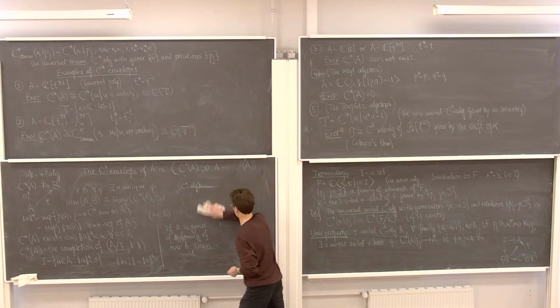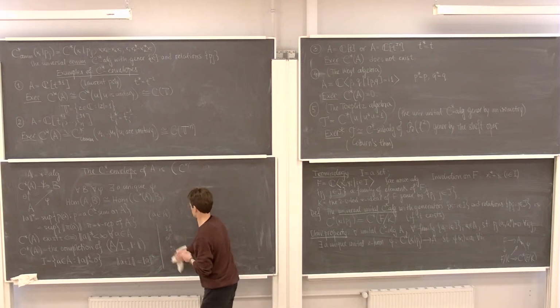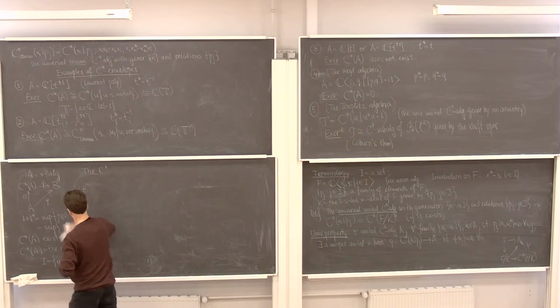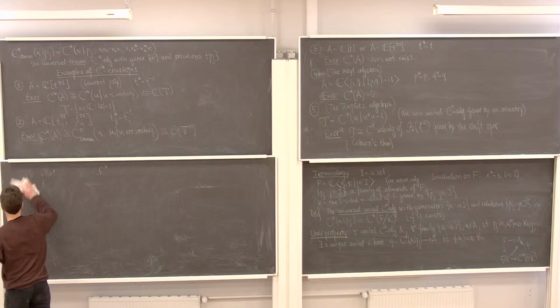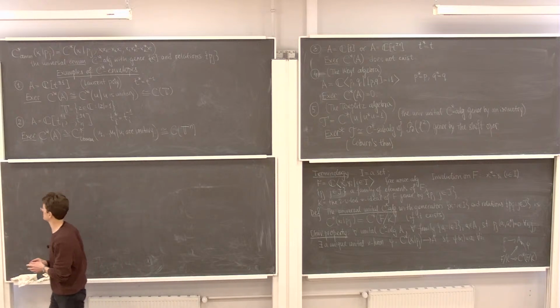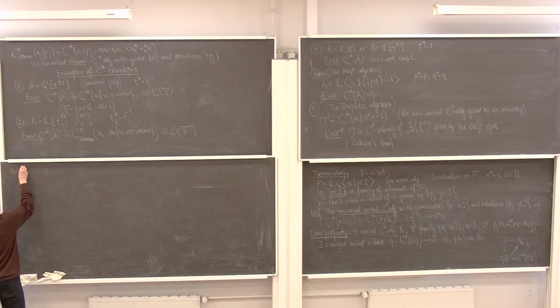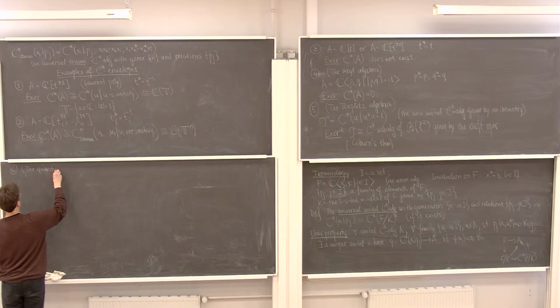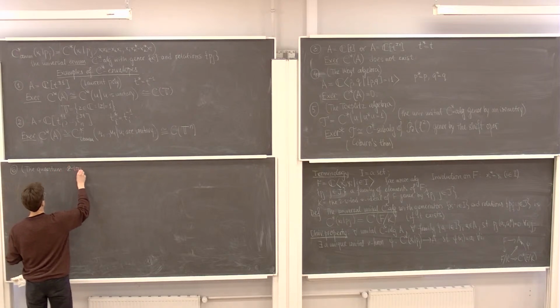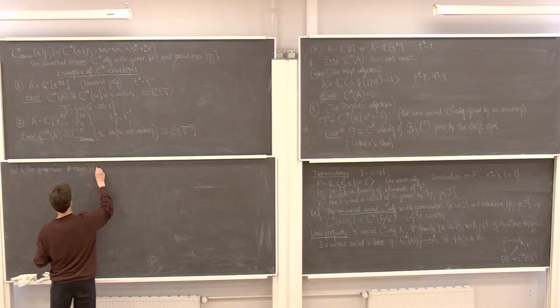Another useful example. Example 6 is the so-called two-dimensional quantum torus, or the rotation algebra.